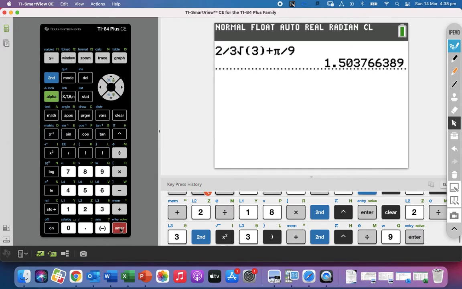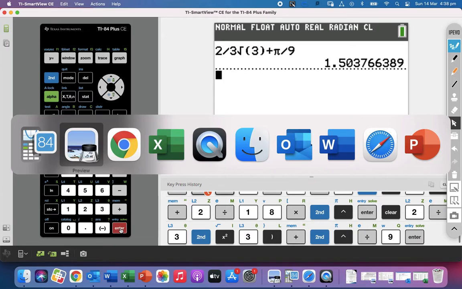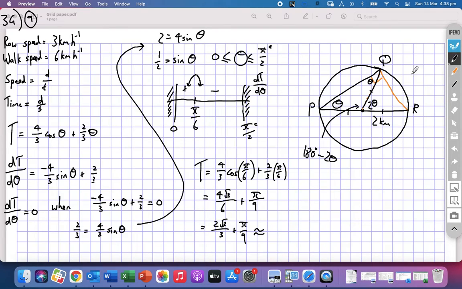So 3 sig figs would be 1.50. 1.50 hours, which is actually the maximum amount of time that you could take to get from P to R.